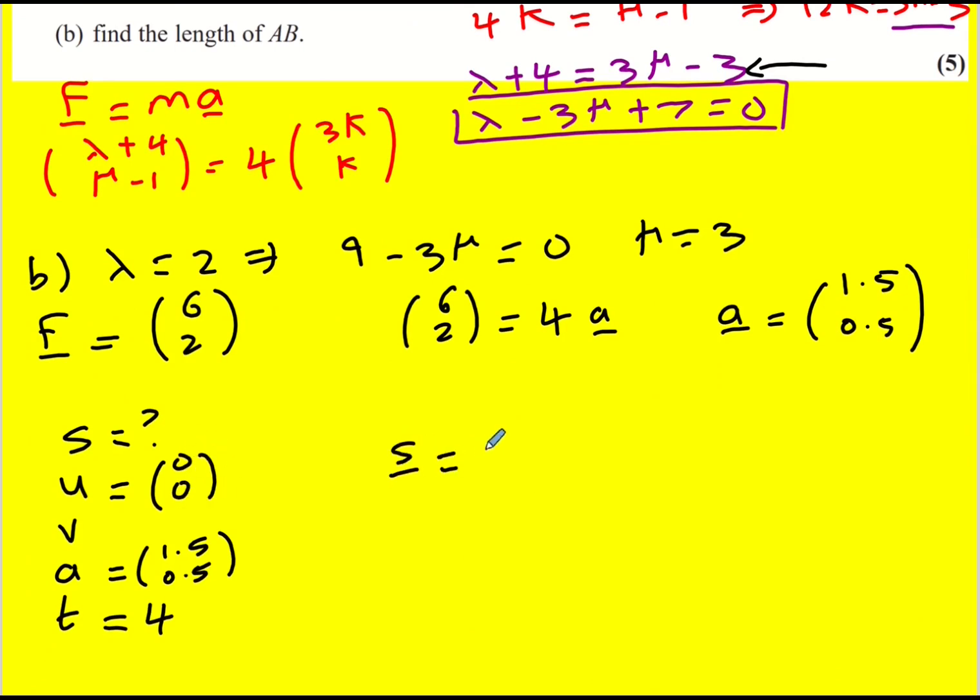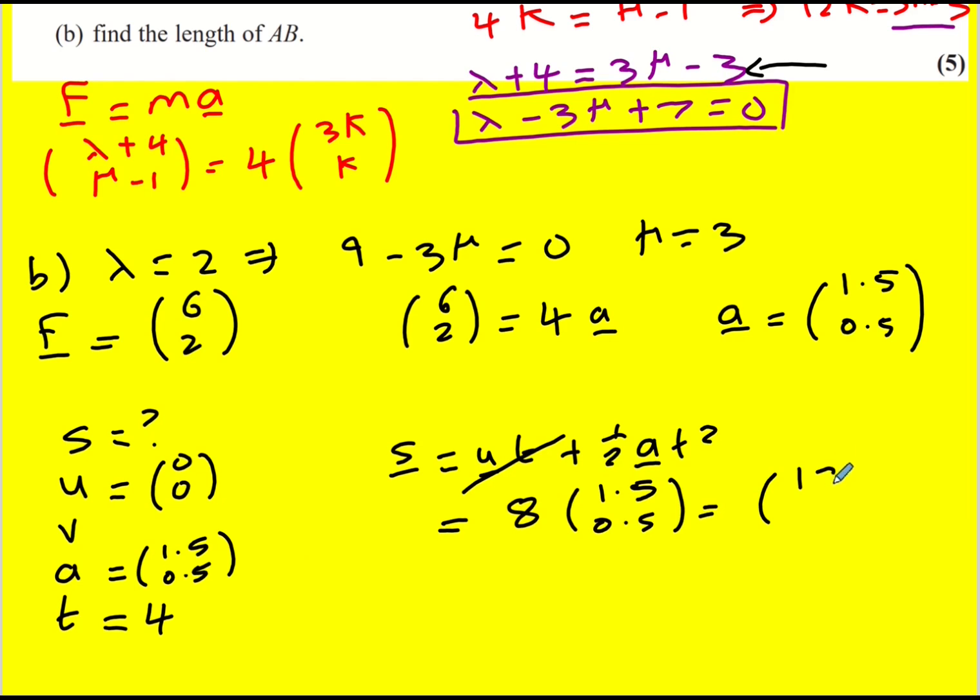So s = ut + ½at². Actually, u is just 0, so it's just ½at². t² is 16, times a half is 8. So it's 8 times (1.5, 0.5), which gives (12, 4). That's the displacement, but we're asked for the length. So we just use Pythagoras.